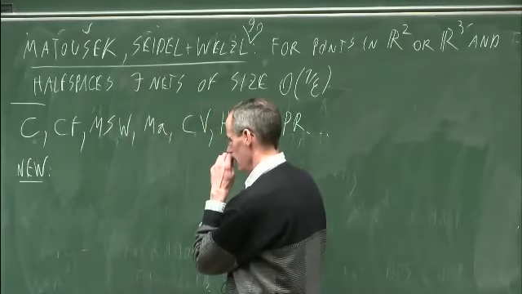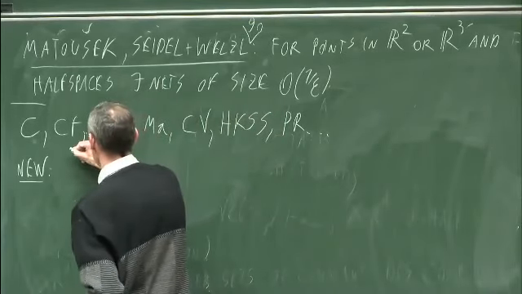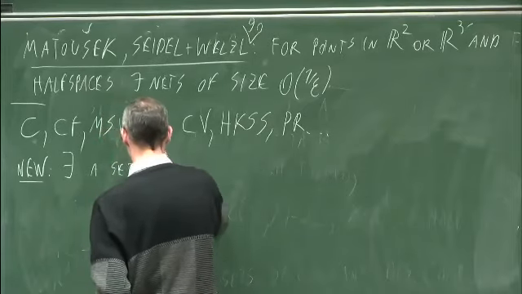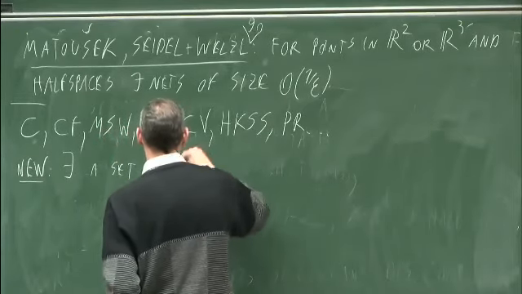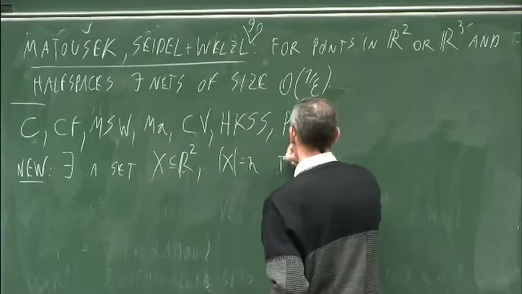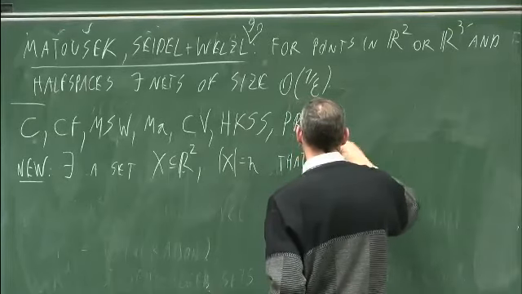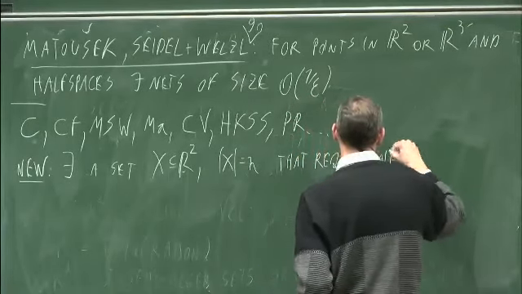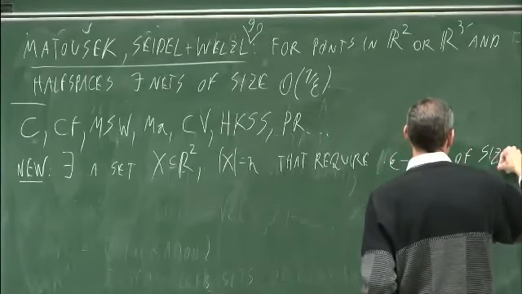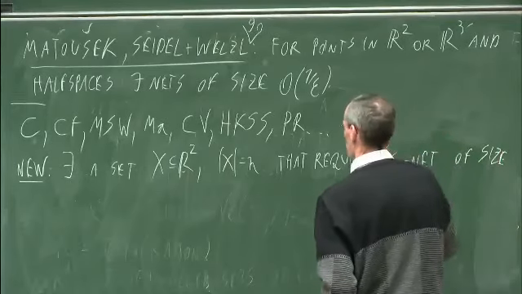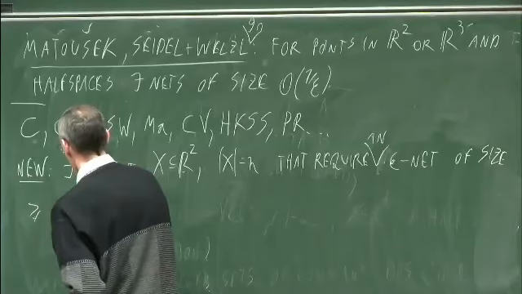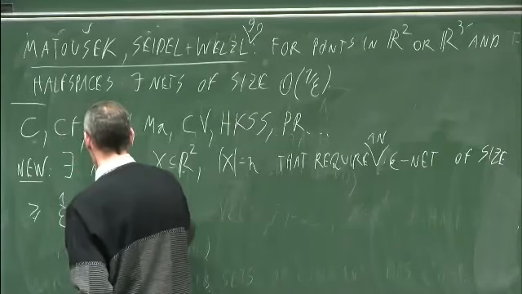So this will be the following: there exists a set X in the plane of size n that requires epsilon-nets of size at least 1 over epsilon times omega of 1 over epsilon.